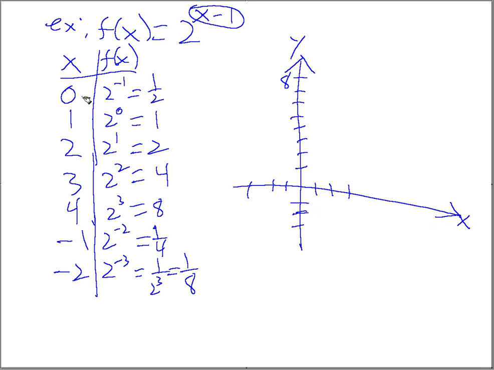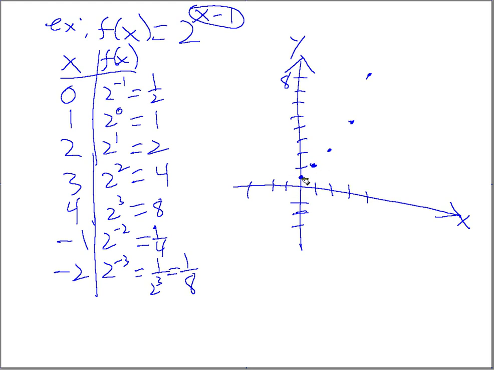So (0, 1/2) is now my y-intercept. Sorry, y-intercept. Apologize for that. (1, 1), (2, 2), (3, 4), and (4, 8), all the way up here. And negative 1, 1/4.